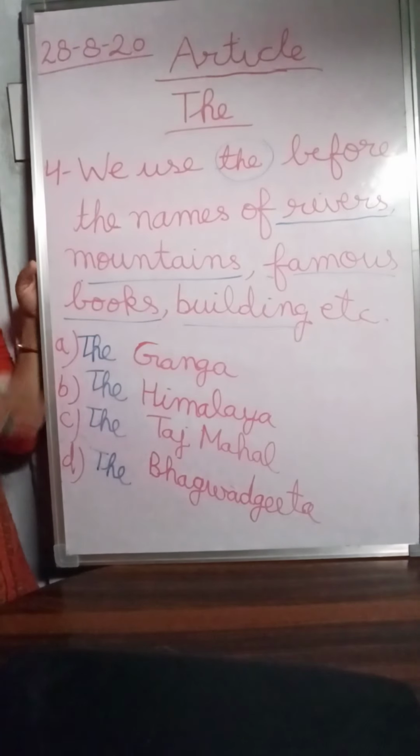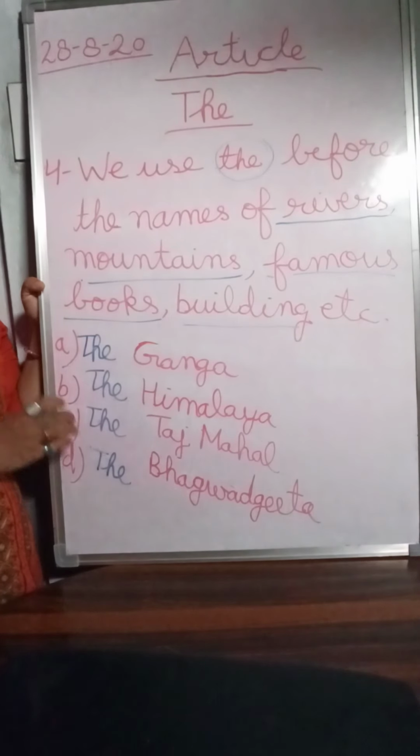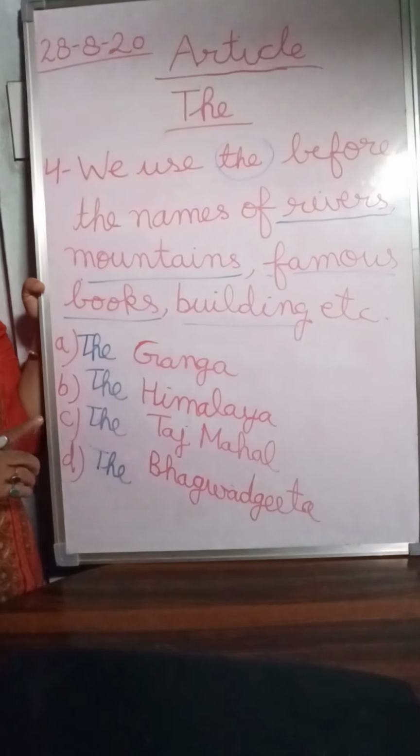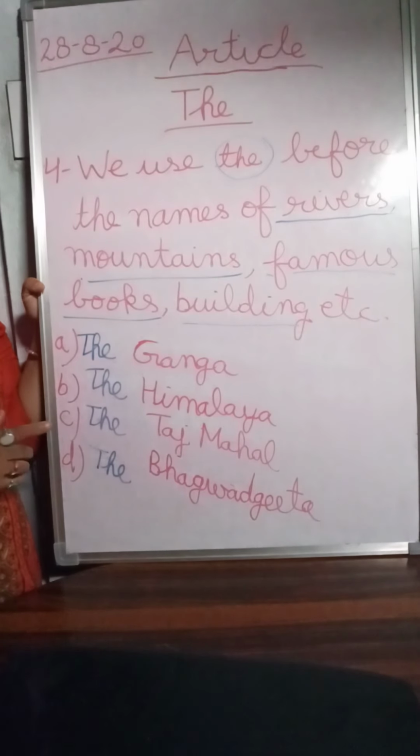Because we do not have all the rules and concepts clear, English seems very tough to us. But friends, English is a very easy language. Okay. In my coming videos, I will tell you how to speak English in a very simple way. Anyone can speak English. It is very easy. Okay.